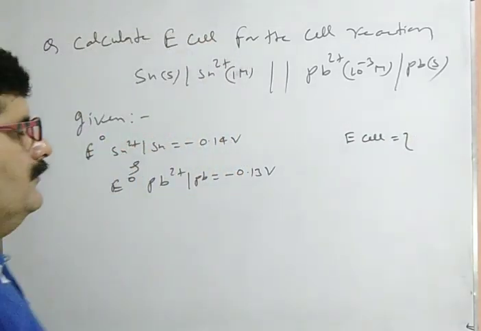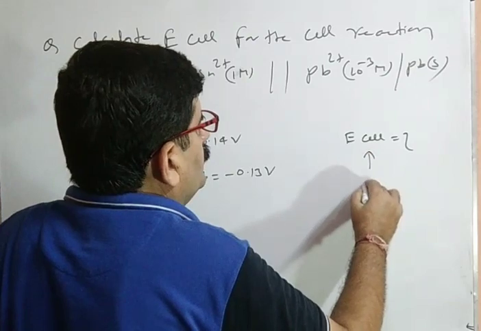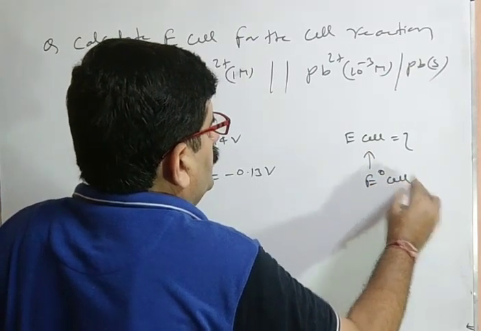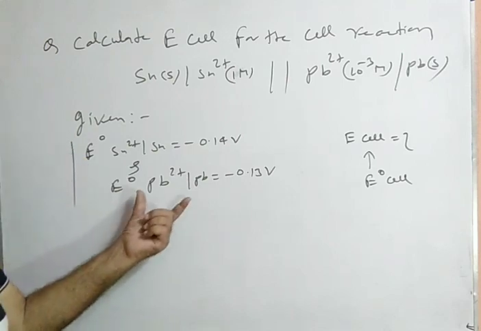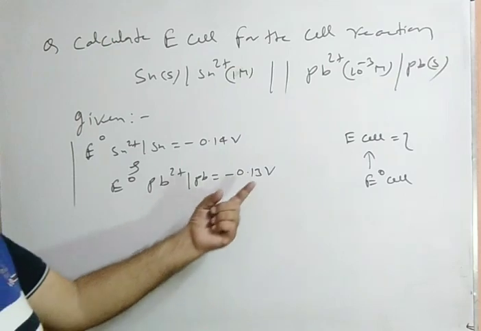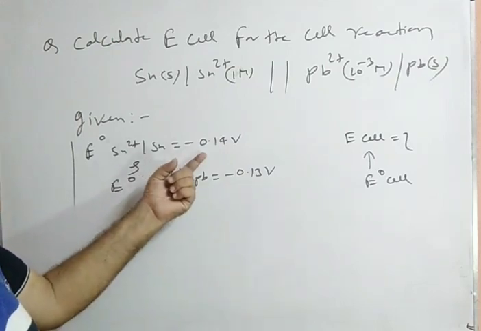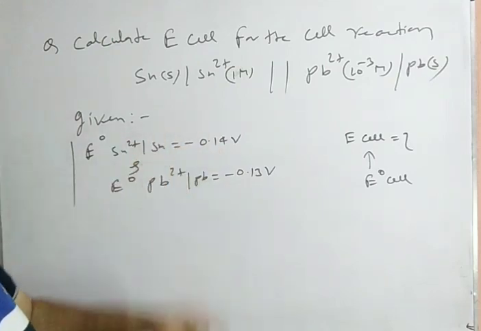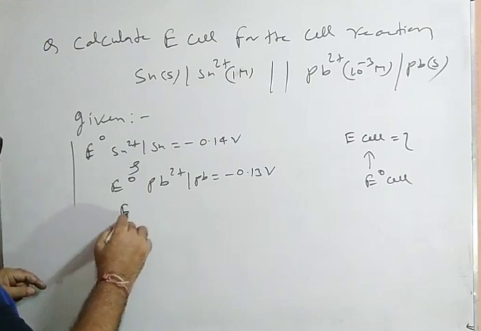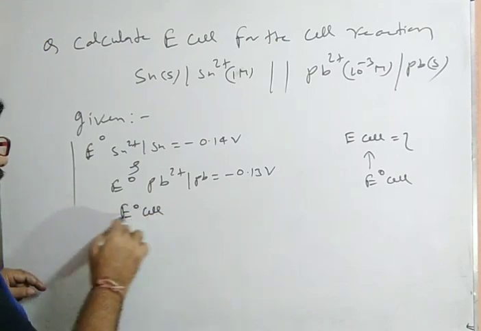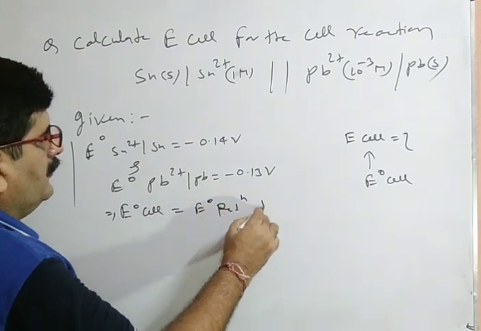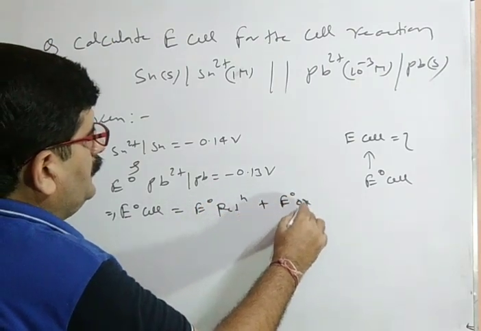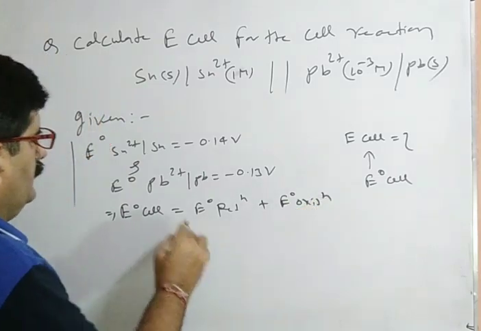For E cell, first we find out what? E naught cell. Here, two reduction couples are given. The higher reduction potential couple always reduces and the lower reduction potential couple automatically oxidizes. So E naught cell is equal to E naught reduction plus E naught oxidation.